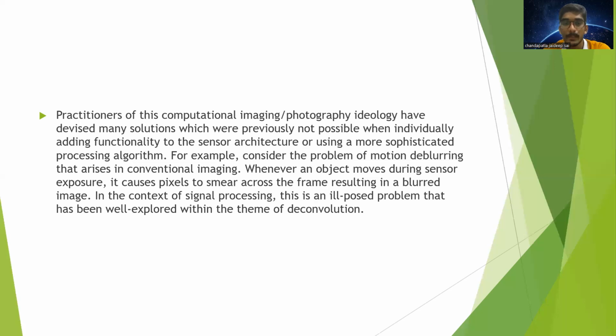For example, consider the problem of motion deblurring that arises in conventional imaging. Whenever an object moves during sensor exposure, it causes pixels to smear across the frame, resulting in a blurred image. In the context of signal processing, this is an ill-posed problem. But in imaging, it is well explored within the theme of deconvolution.